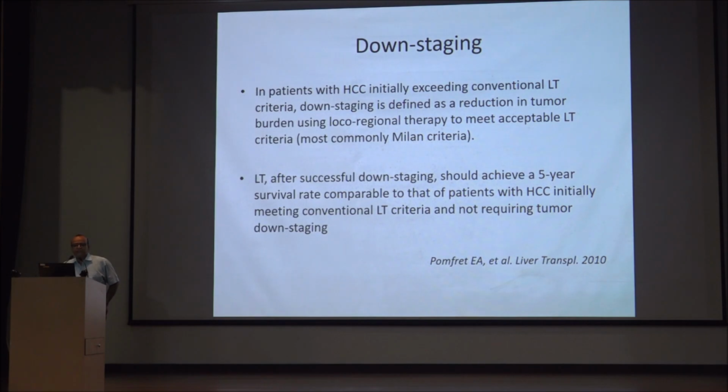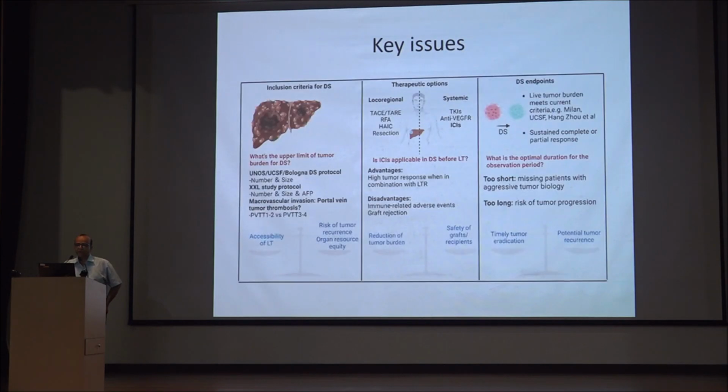But the condition is that liver transplantation after successful downstaging should achieve a 5-year survival rate comparable to that of patients with HCC initially meeting the conventional criteria and not requiring downstaging. Based on that, further studies followed, and this is the reference point to which downstaging is looked up.